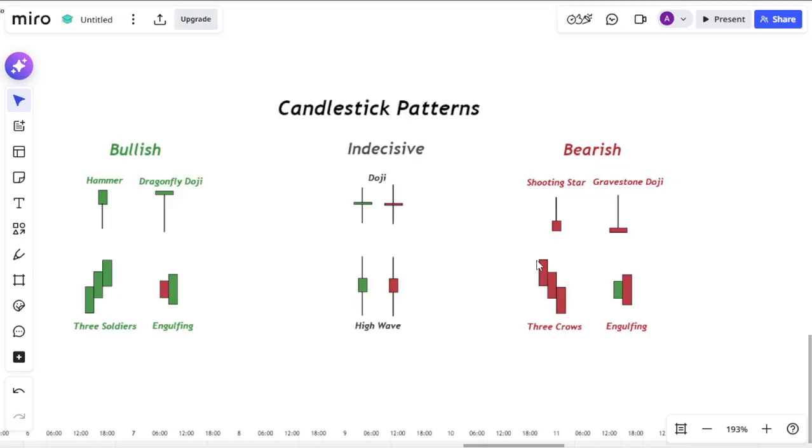For the bearish, the shooting star, the gravestone doji, three crows, and again the bearish engulfing. You're hearing that a lot. So these are the candlestick patterns you'll commonly see, but the bullish engulfing and bearish engulfing you'll hear very, very, very commonly.